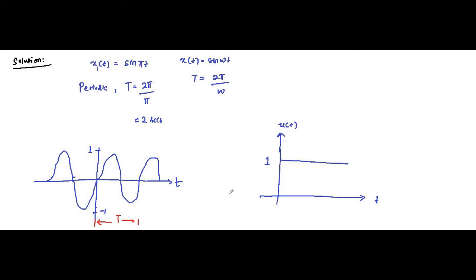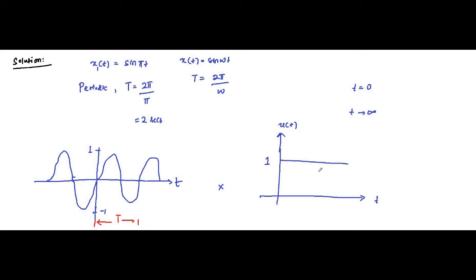For the unit step signal there is nothing like a period. It is not periodic because it goes on indefinitely for the entire positive duration from t equals 0 to t equals infinity.